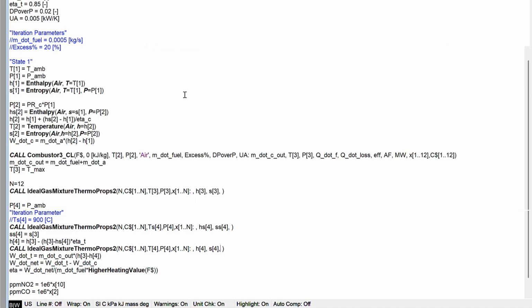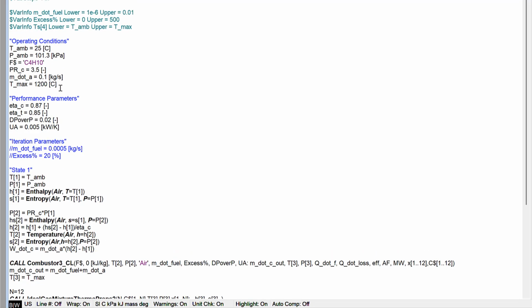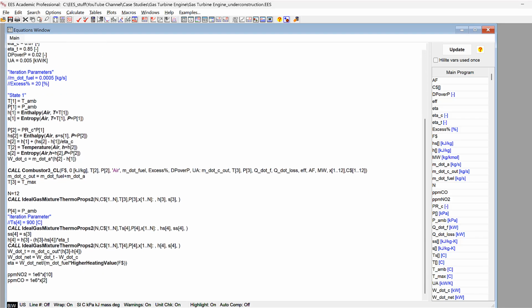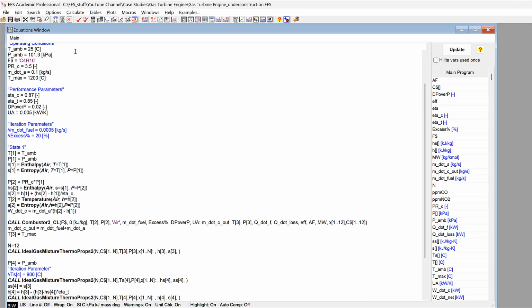And you can do things now like run a parametric table to look at how these different parameters are affected by your temperature or your pressure ratio or things like that. Maybe real quick, let's run a quick parametric table where we change the temperature over some range of temperatures and look at how that affects the efficiency and the net power as well as the concentration.